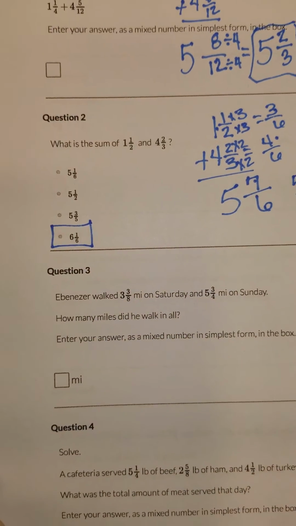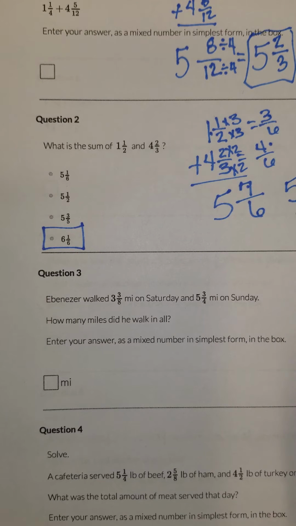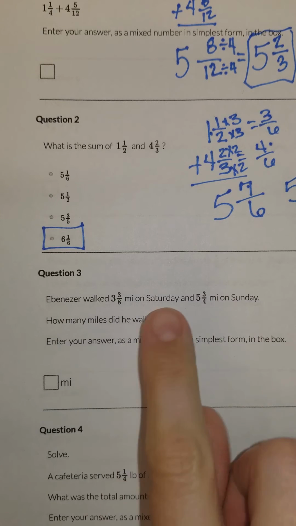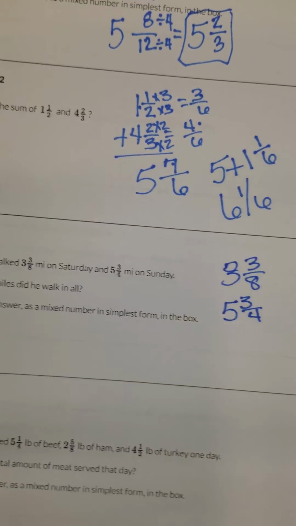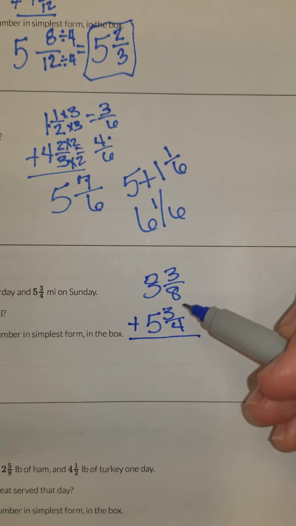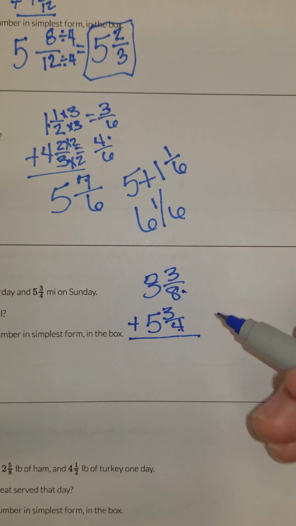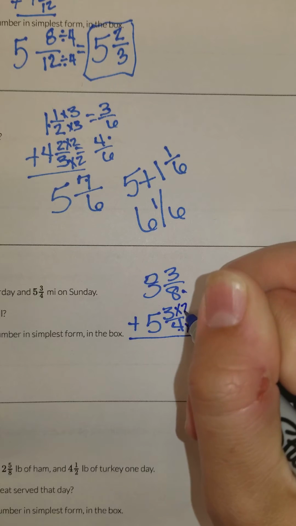Okay, number 3. Ebenezer walked 3 3/8 miles on Saturday, and 5 3/4 miles on Sunday. How many miles did he walk in all? So I've got these written over here. I know that 4 can go into 8 evenly by multiplying by 2.